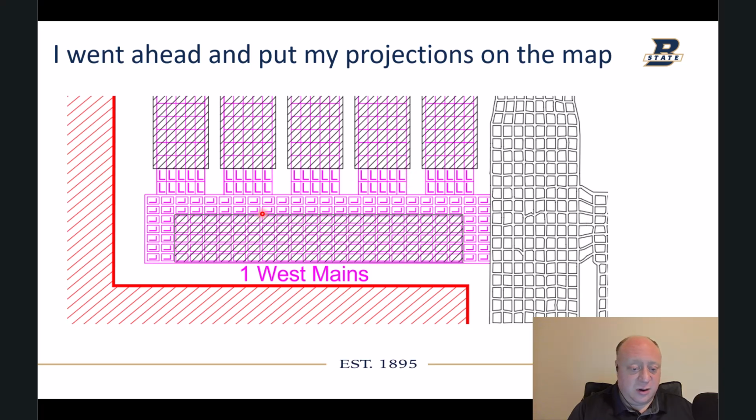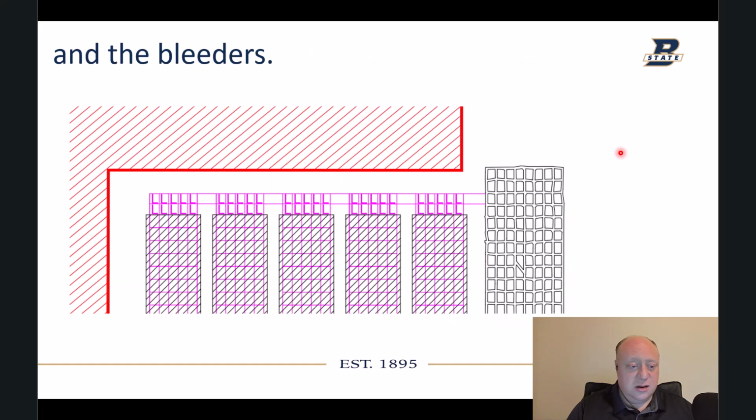I went ahead and put in all my projections, and also projected the bleeders as well, so there'll be unmined rows of coal here, probably 2 leave blocks in an ideal situation, so that you have ventilation for the bleeders. And that's going to connect back into the north mains return right here.